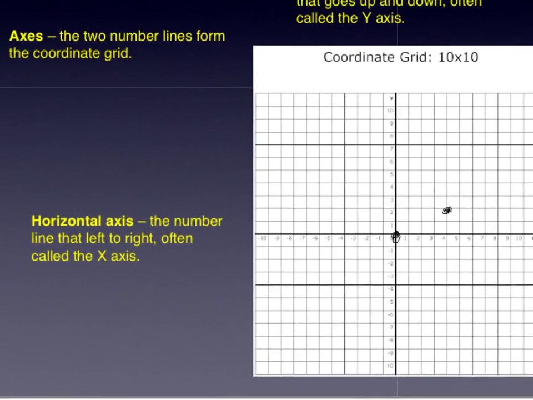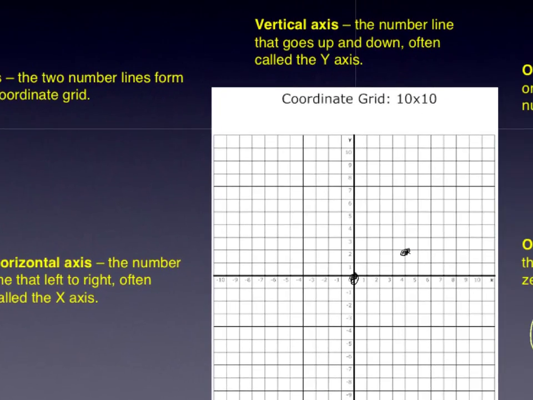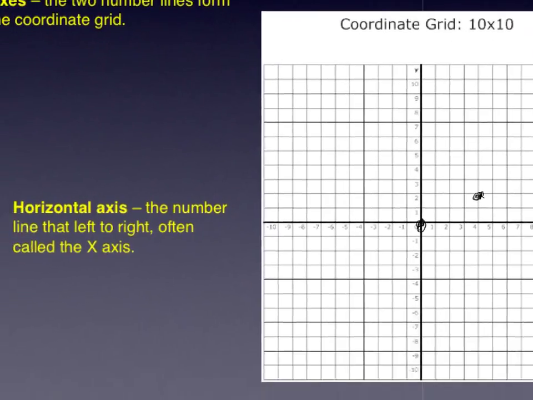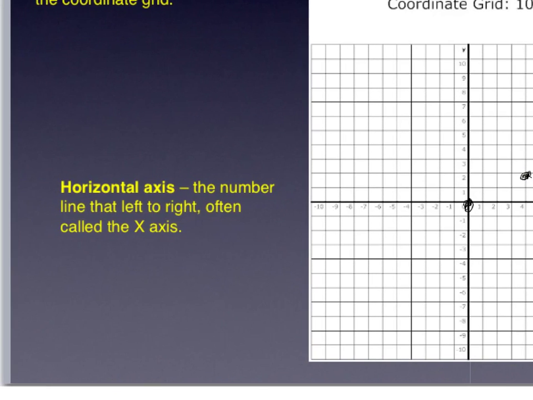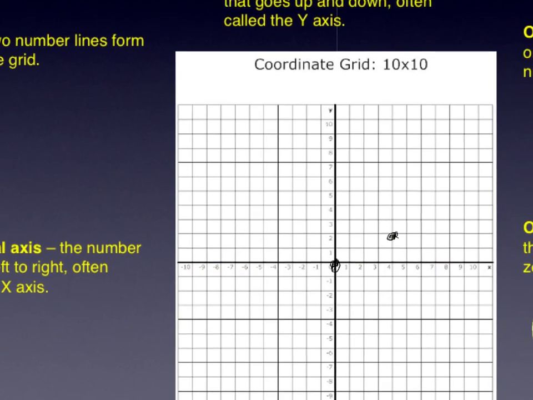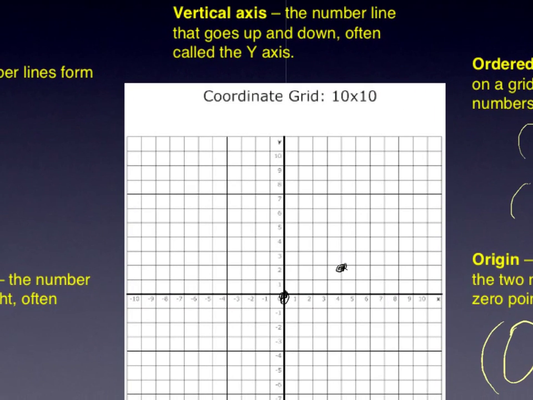Now, the axes, there are two of them. The first one we're going to talk about is the horizontal axis, the number line that goes left to right, often called the x-axis. And then the vertical axis, the number line that goes up and down, is called the y-axis.